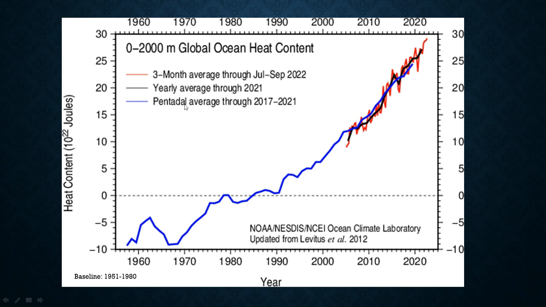So they have a pentadal average. That means the 5-year running average. That's why it stops here at about 2017, 2018 or so. But the yearly average through 2021 is this black line here. And then the 3-month average is this red line here.